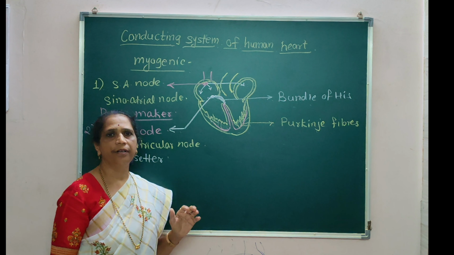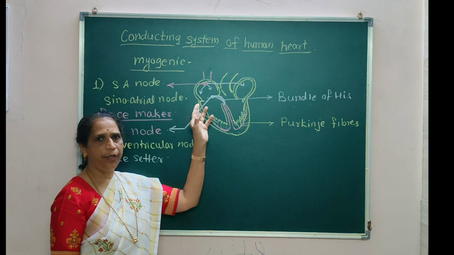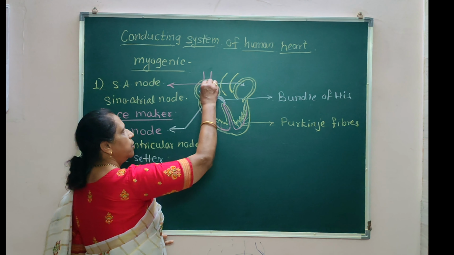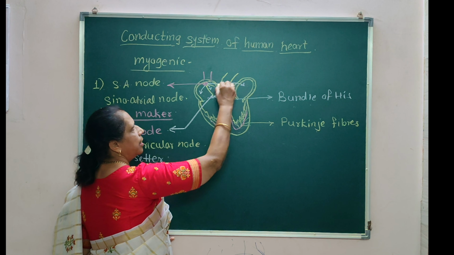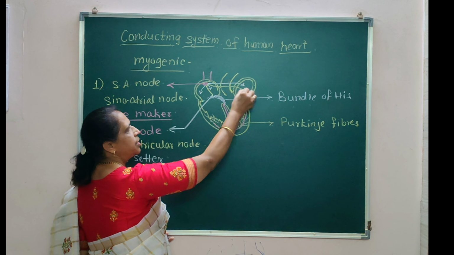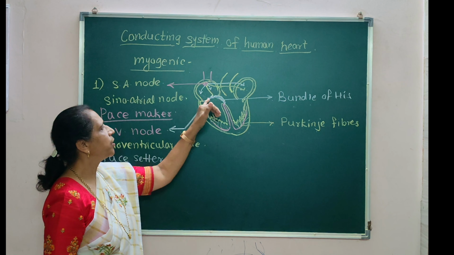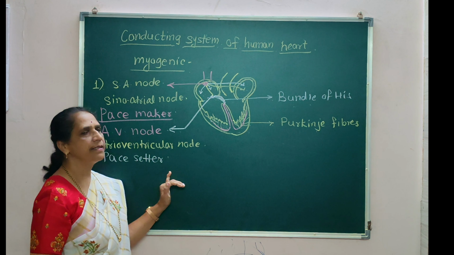The SA node passes impulses to the AV node and to both atria, and contraction of the atria takes place. Then the AV node sets this impulse, hence it is called the pace setter.